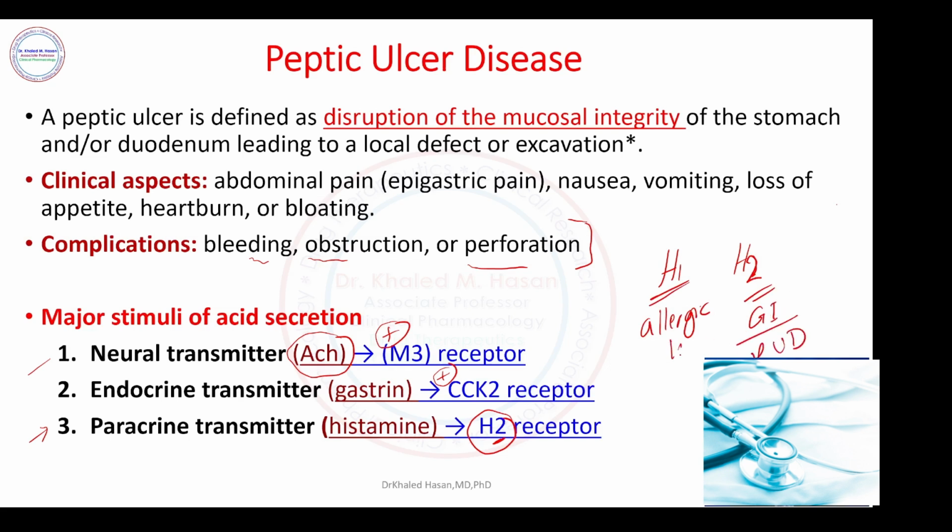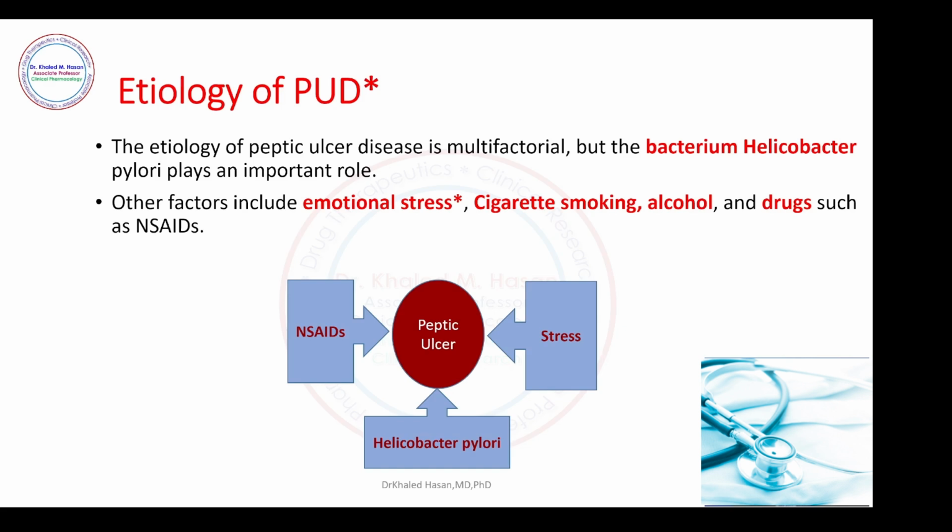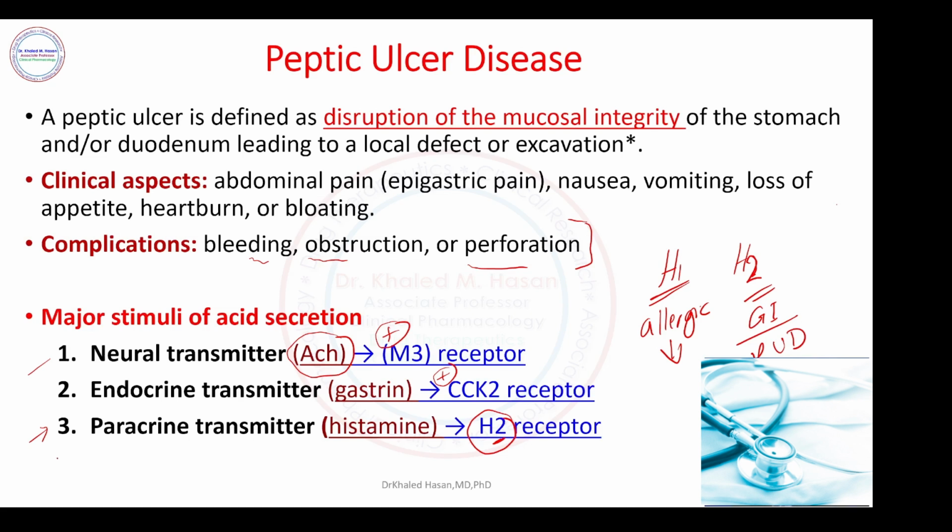So from what we have in the beginning, we have three main mediators, but we have another, mediator number 4 here. This is another component in the stomach called prostaglandin, and we are going to speak about prostaglandin later on.